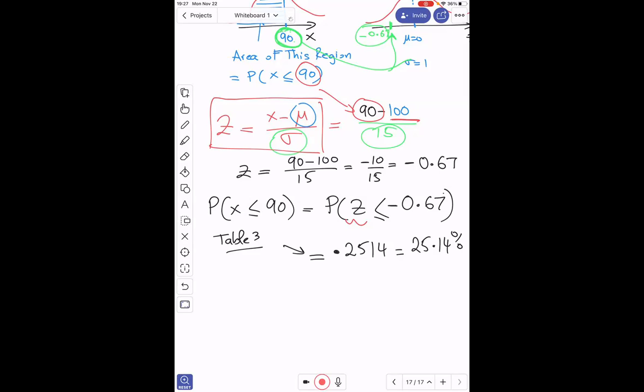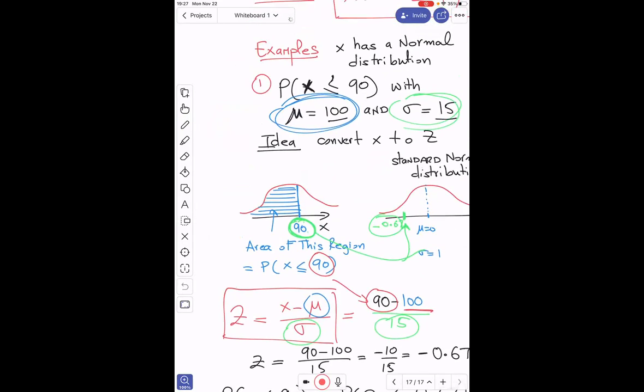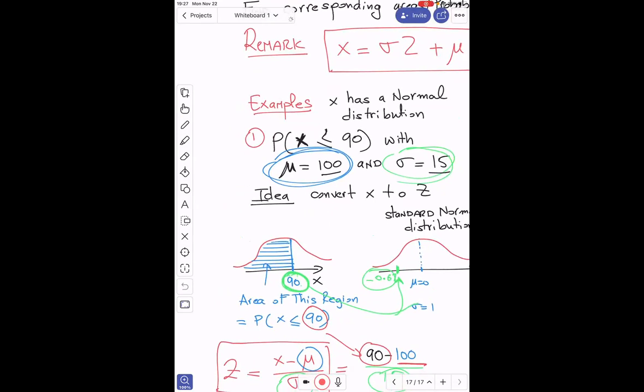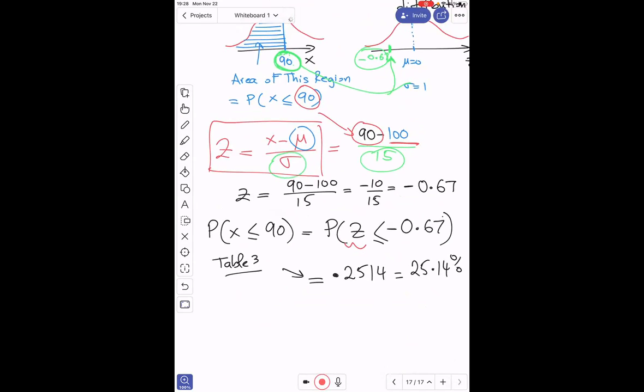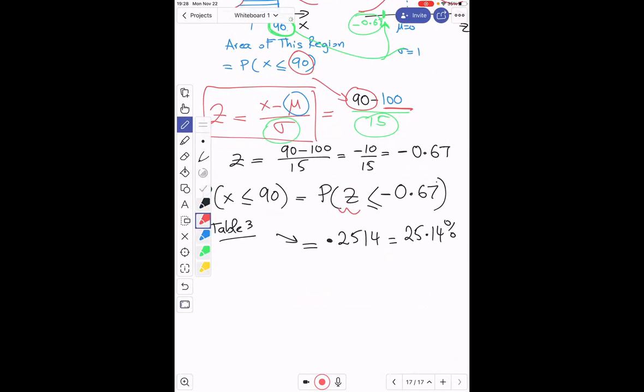All right, so this is the first example. Let's do more examples. This is for x less than 90. Now, if you want x larger. So example number 2. Let me take another example from the textbook.